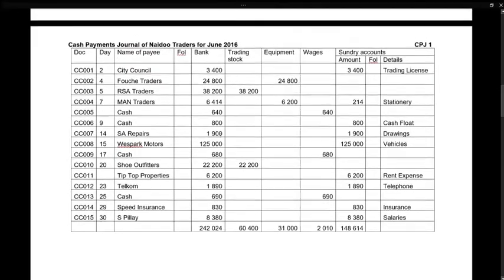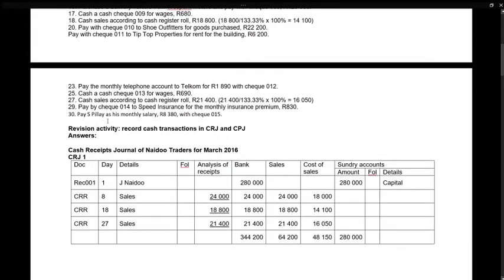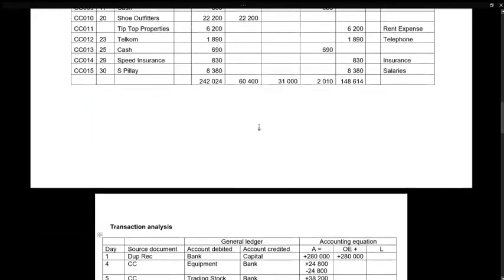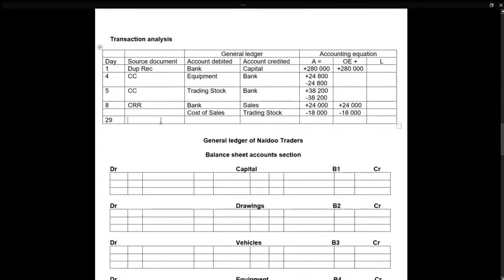Then on the 29th, we pay by check 014 to Speed Insurance for the monthly insurance premium of 830 Rand. That one will look as follows. The source document was a check counterfoil. Again, my account being debited will be my insurance, and remember, insurance is an expense account, and expenses will always have a negative influence on my owner's equity.